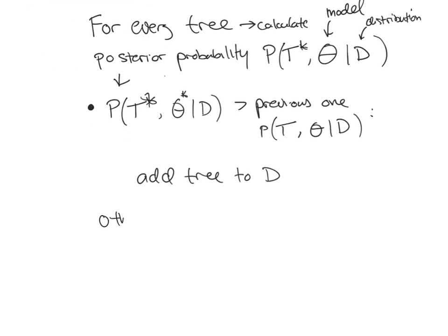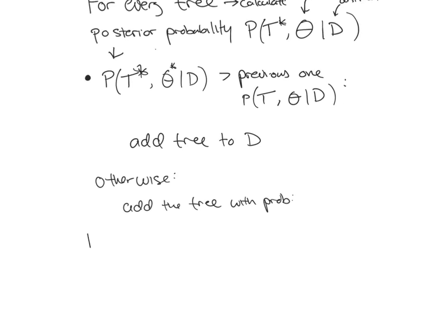Otherwise, we will add the tree with a certain probability. And that probability is this big thing. Here's the probability of our new tree over the probability of our priors.